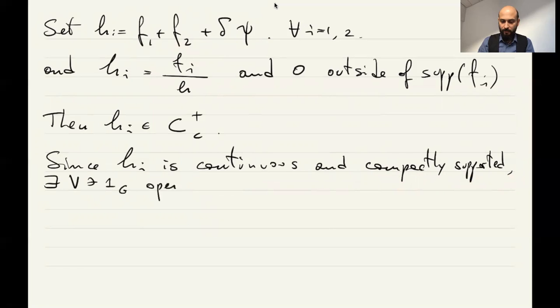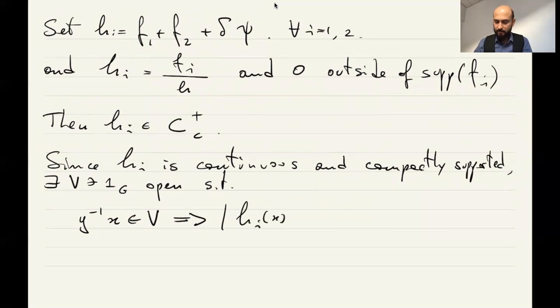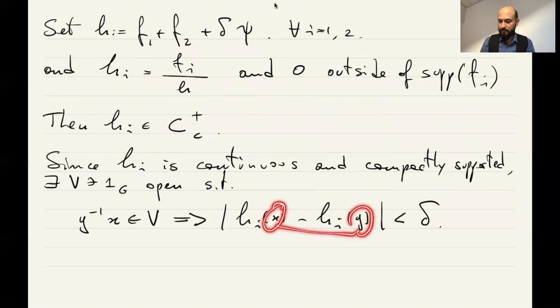an open neighborhood of the identity, such that if the increment is in V, then |hi(x) - hi(y)| is less than delta. So this is uniform continuity. See, if you take two points that differ, and this is exactly how they differ, right?